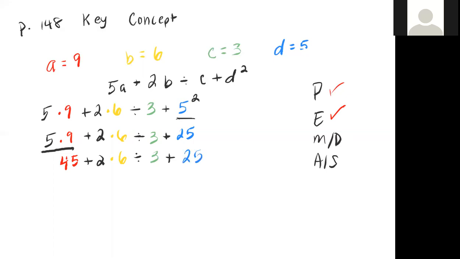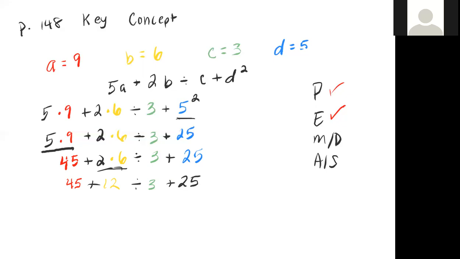All right, again, do I have any multiplication or division? Yes, I have 2 times 6, so we're going to solve for that next, which is 12. So I have 45 plus 12 divided by 3 plus 25.